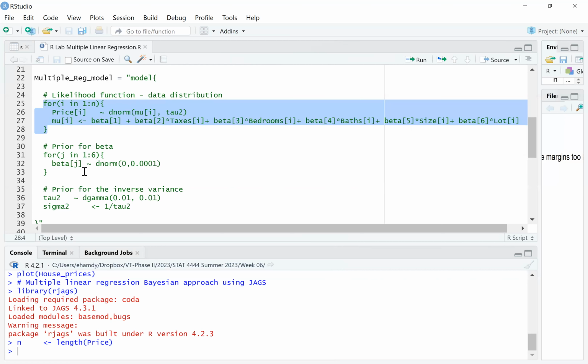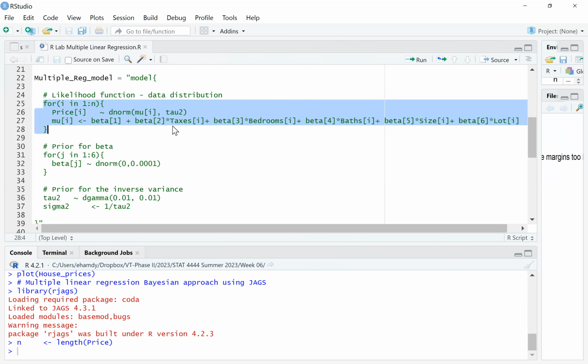Because when I define the priors, I would like to use only one loop to define all the priors. So mu i equal beta 1, which is the intercept, plus beta 2 times taxes, beta 3 times the bedrooms, beta 4 times the bases, beta 5 times size, last one, beta 6 times lot. So I have 6 coefficient parameters.